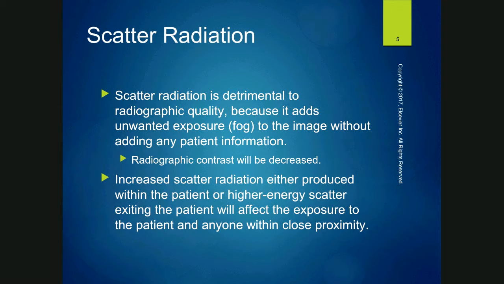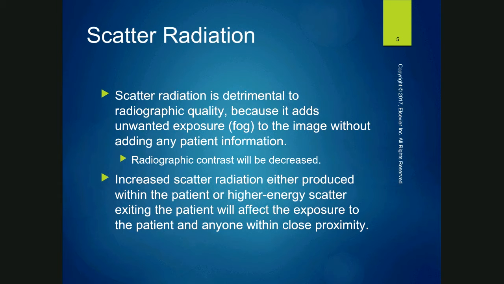Since it does create an overall film darkening or image darkening, it reduces image contrast. With decreased contrast, recall contrast is your differences in your densities. So you're not going to have those white whites and those black blacks. Everything gets overall grayer. So we say the image is fogged. And that's really what it looks like.